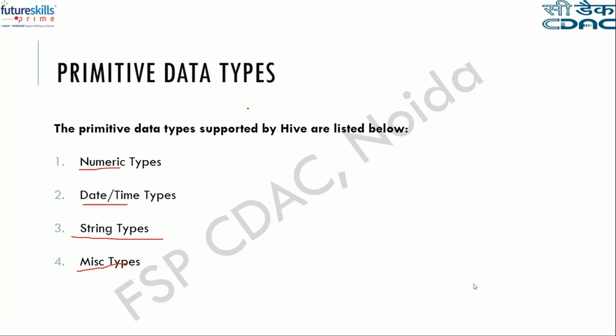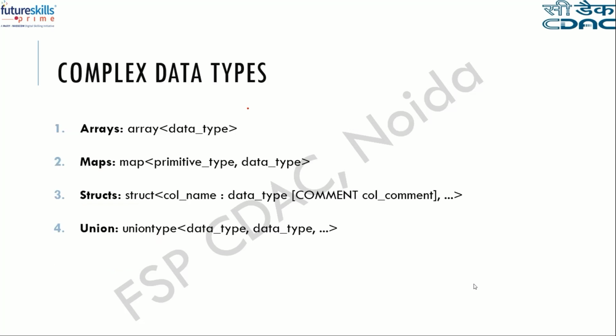Then we have complex data types as well. In complex data types, we have arrays, wherein you can store more than one element. The format is, first you write array, and then inside it what type of data you will have. Inside an array you can have integers only, strings only, or floats only, so you have to mention that data type first.